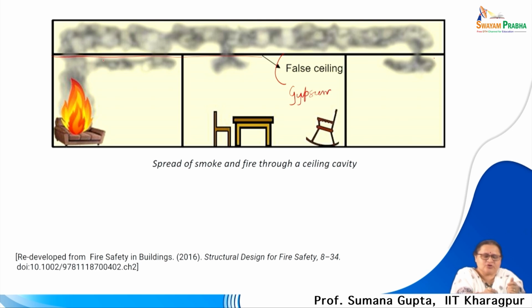So, the fire is not spreading, but through some gaps the smoke is spreading to another room which may be far from that also, because there may be a possibility of a leakage in this place, and already the cavity above the false ceiling, which is not at all seen from this level, is a continuous space connecting the 3 rooms. So, these 3 rooms, 1, 2 and 3, are all vulnerable, because smoke is infiltrating inside.